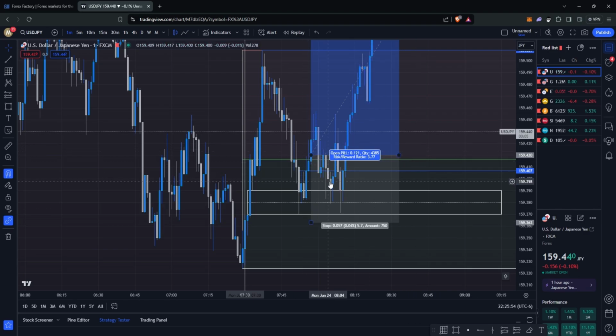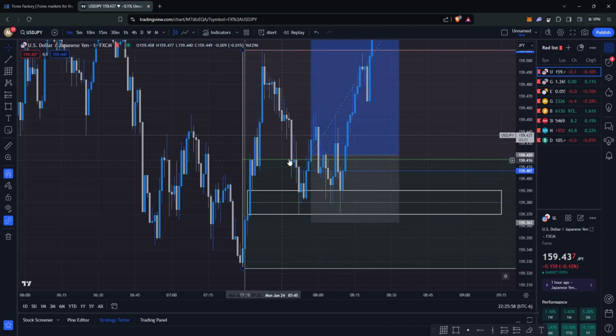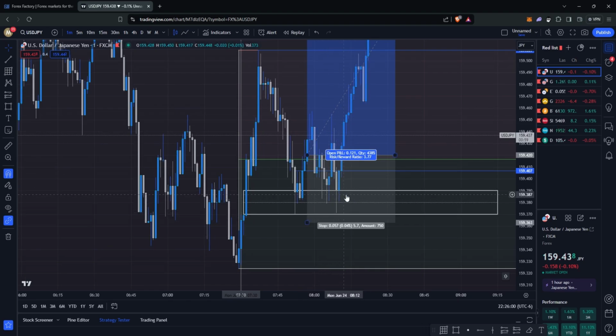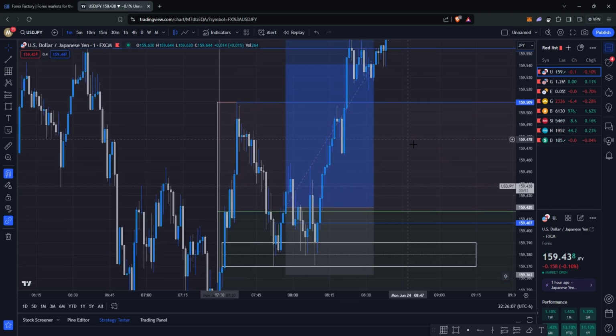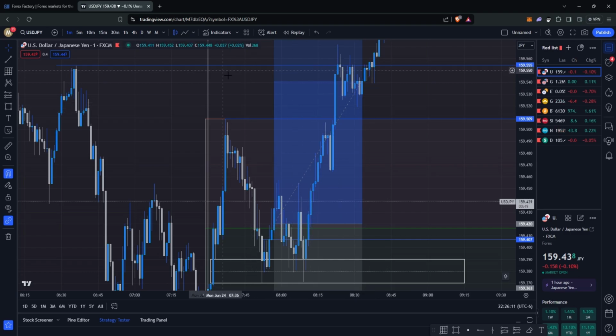Anyways, so basically, we came back down, back into the super discounted price range, right? It wanted to tap back into this fair value gap here, and then after that, it was just basically cash money. I took profits at this low time frame draw on liquidity.